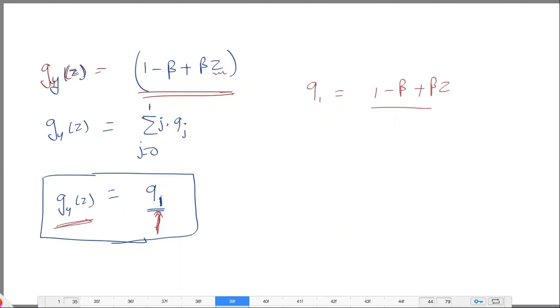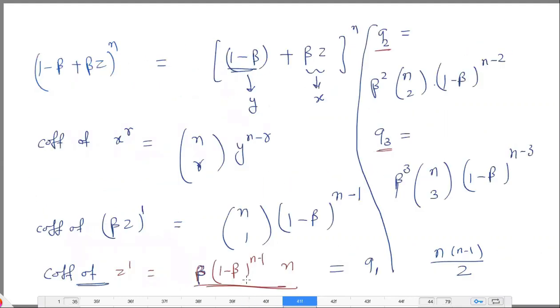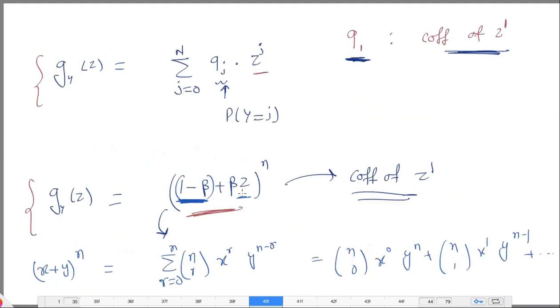Sorry, it is beta or what? Earlier, that is beta, right? Yeah, it is beta, not even 1 minus beta. So it is basically the coefficient of z.